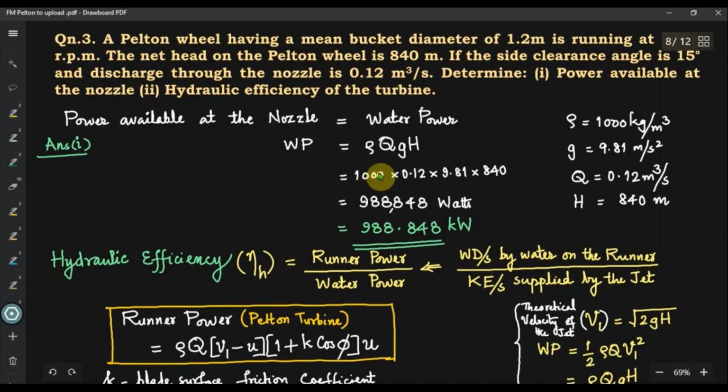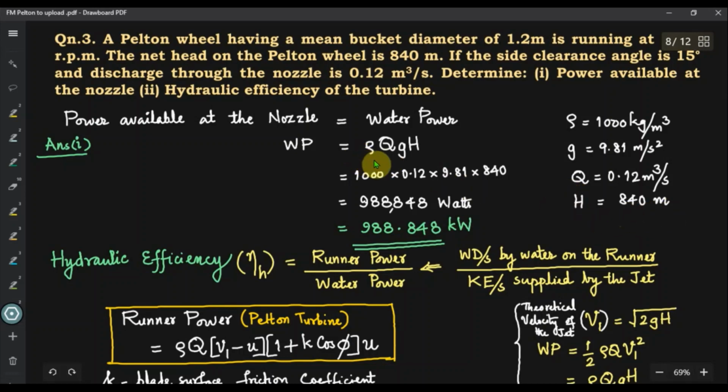This is a question. The first part, the power available at the nozzle or the water power, is given by rho Q g H. The mass density of water is 1000 kilogram per meter cube, gravitational acceleration 9.81 meter per second square, the discharge or flow rate given is 0.12 meter cube per second, and the net head available at the turbine inlet is 840 meters.